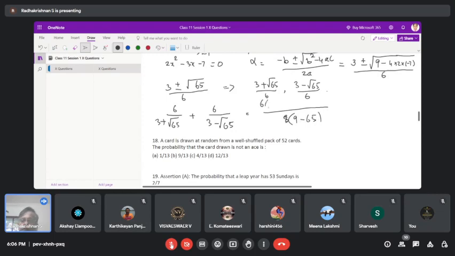So this will be 6 into 3 minus root 65 plus 6 into 3 plus root 65. So 18 plus 18, 36 will remain. Here, because 6 into root 65, here it is minus, here it is plus, that will get cancelled out. Certain things you can mentally eliminate instead of writing all that. So what remains is only 6 into 3 plus 6 into 3, which is 18 plus 18, 36. So here, 9 minus 65 is minus 56.